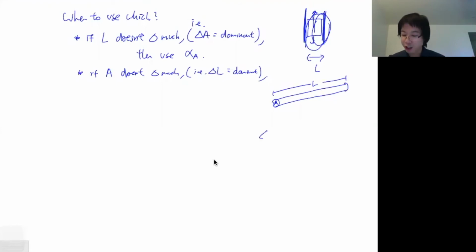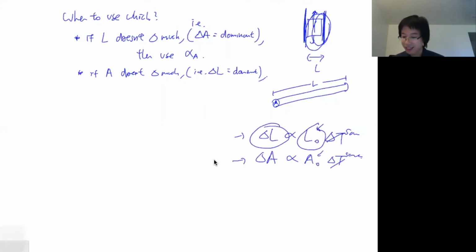The expansion of length is proportional to the original length, and the fractional area change is proportional to the original area. Let's say delta T is the same. Which one is more significant? If this is larger, then this is going to be more significant. If this is small, then this is going to be small because it's proportional. So in this case, use this because that is enough.